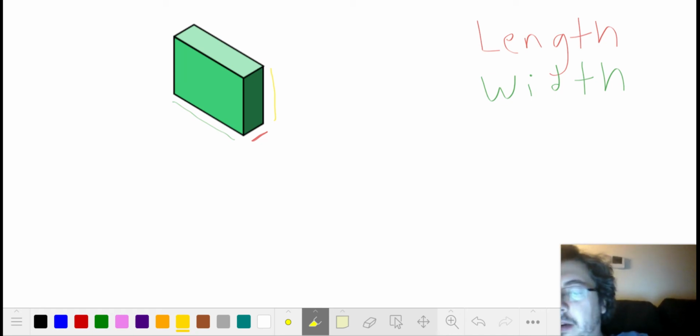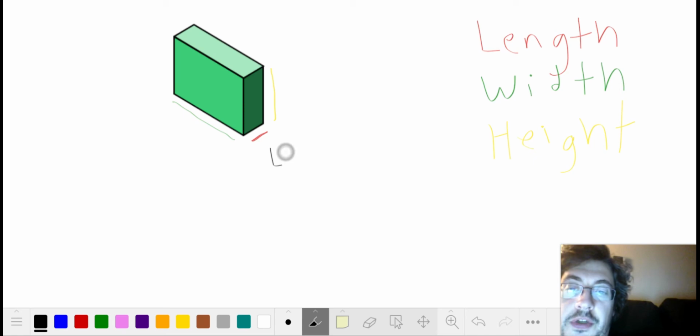So let's go ahead and assign some values to each of these. Oh, and I forgot to write my height here. Let's go ahead and assign some values here. Let's say that the length, or L for short, is 1 inch. So this is going to be a smaller rectangular prism than our last one.